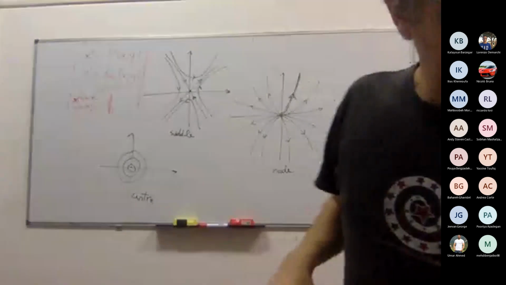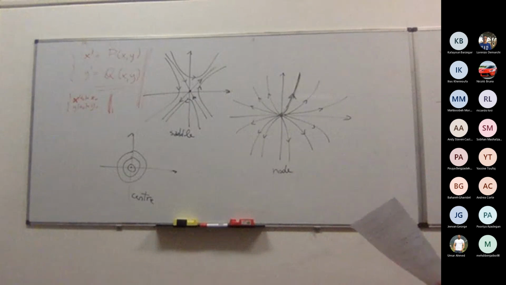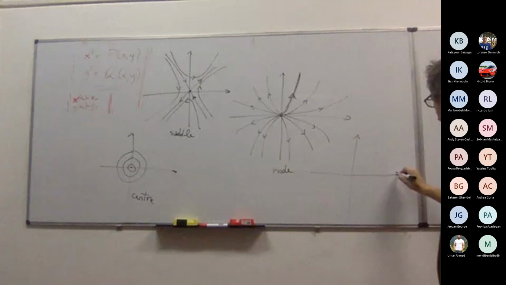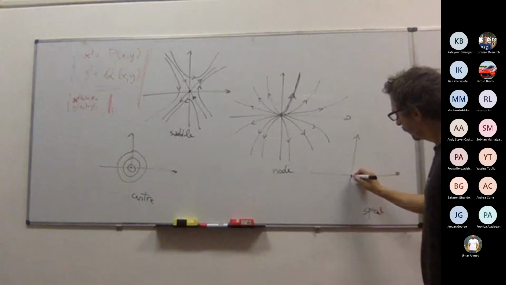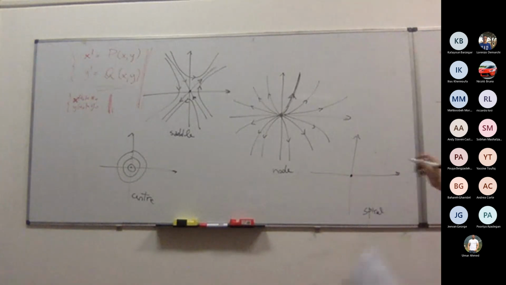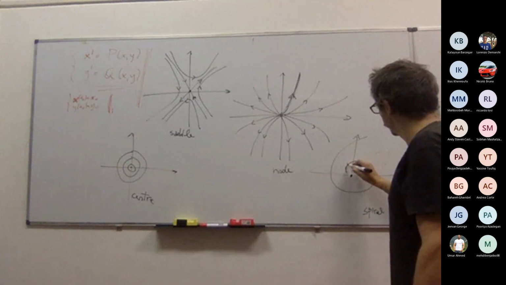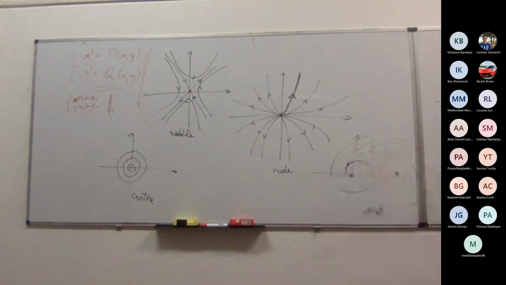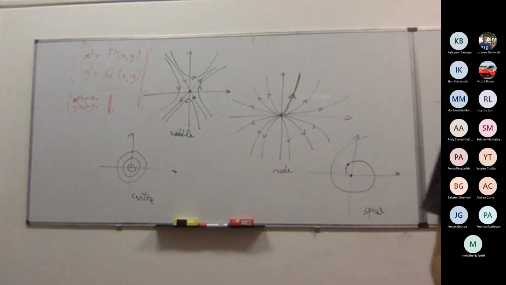We will see an example of this because otherwise it's difficult to visualize it. There is another kind of critical point which is called spiral critical point, which is basically a critical point which is approached, this is a typical orbit, which is approaching the critical point with a spiral.